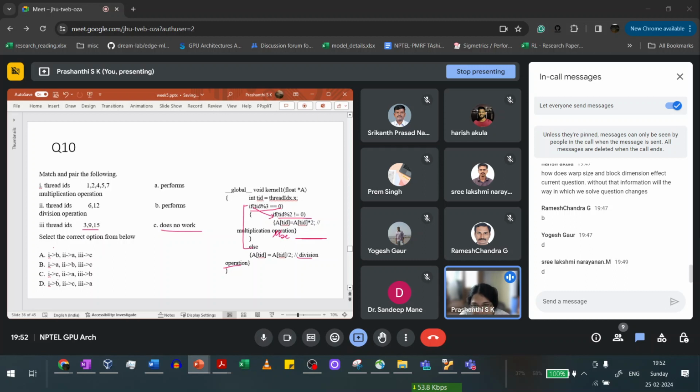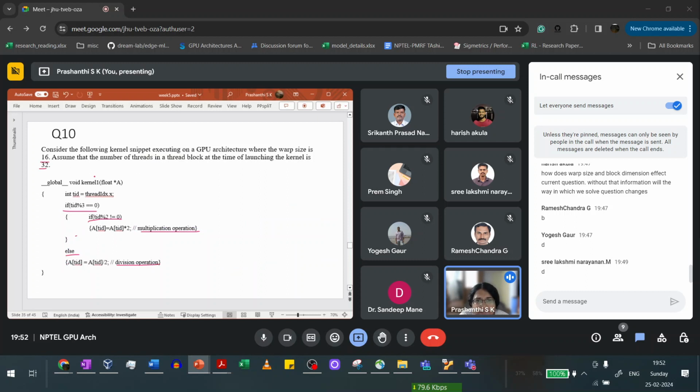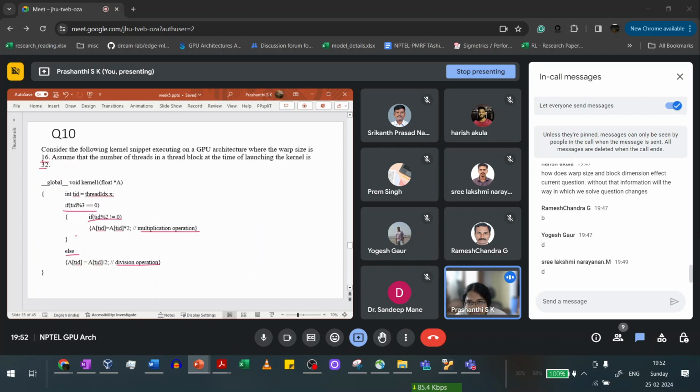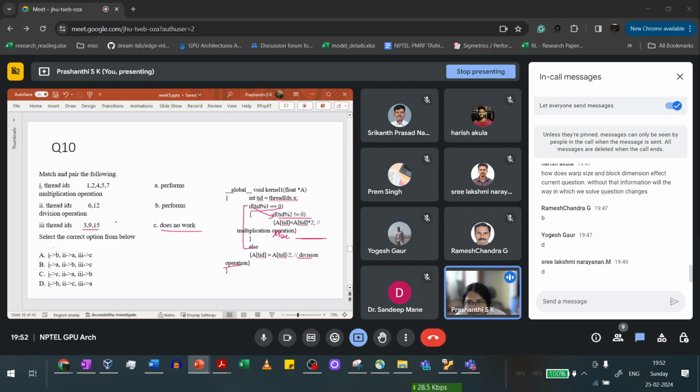Now there was one comment asking, does the warp size and block dimension affect these? Here we are not using the block in any way. The number of threads in a block was given as 32. Because the warp size is 16, you will know that your thread ID ranges from 0 to 15, and your options are in the same range.